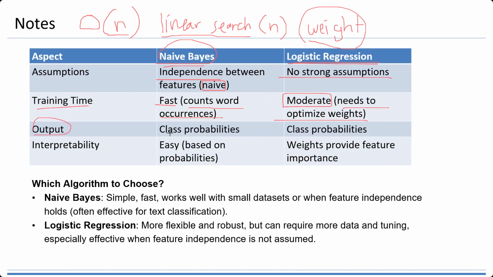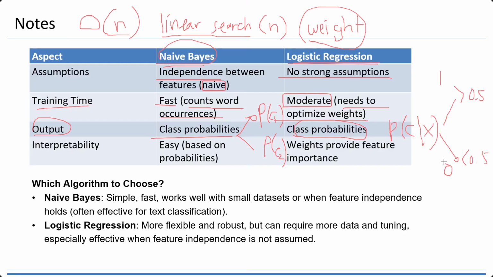The output of naive Bayes is the class probabilities, but you need to get P for class 1 and P for class 2, and then compare. For logistic regression, when you get the class probabilities given x, you check: if it is higher than 0.5, most probably it belongs to class 1; lower than 0.5, then most probably it belongs to class 0.